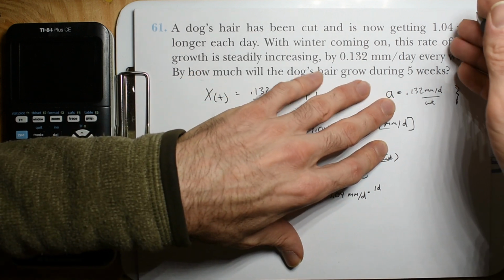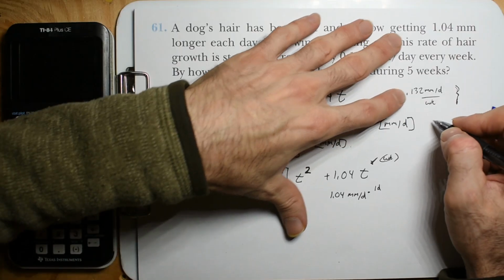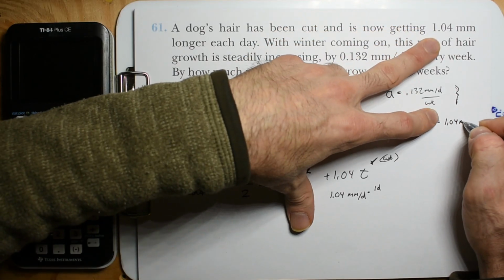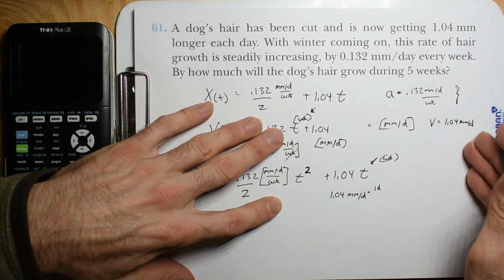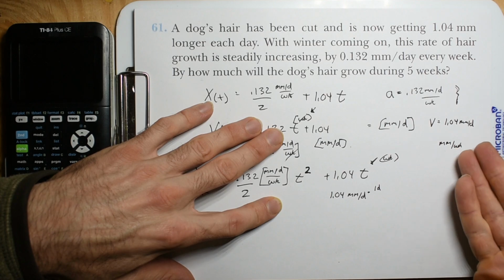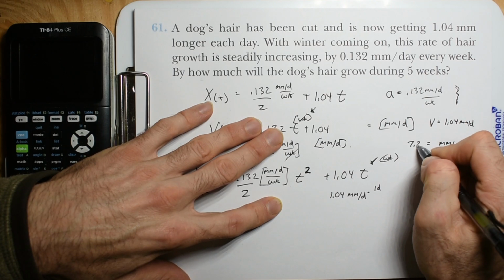But as humans, we drive cars and we have a really good sense of velocity. So when we have a velocity that says 1.04 millimeters per day, it's very easy to say, hey, I can change this to units of millimeters per week just by multiplying by 7, and this is going to be 7.28.